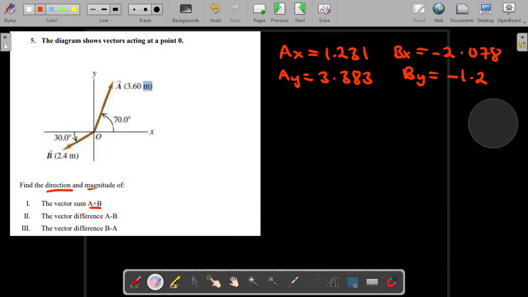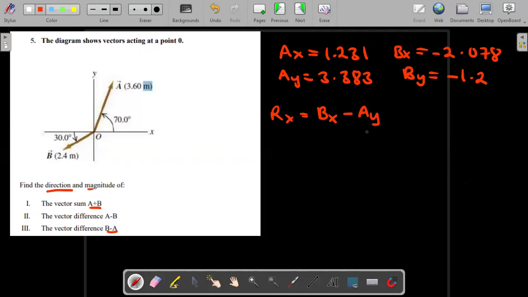Erasing those, now here I'm doing B minus A. The resultant in x is going to be equal to my Bx minus Ax. My Bx is negative 2.078, then my Ax is negative 1.231, so 2.078 minus 1.231.